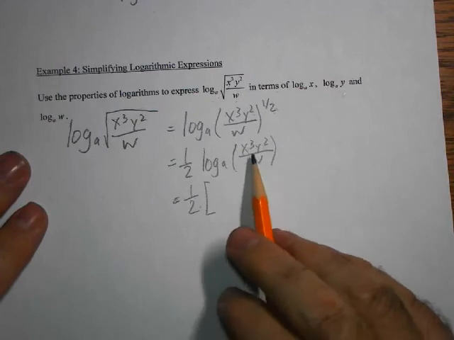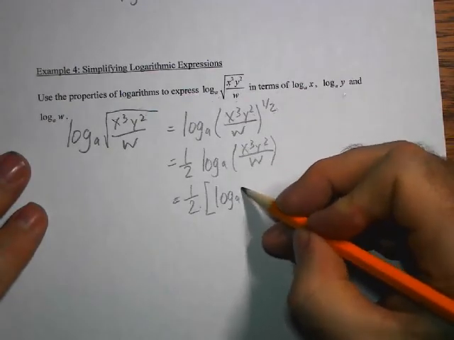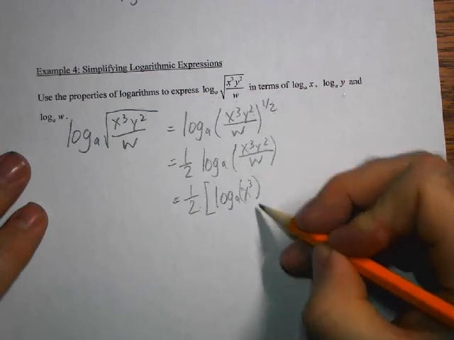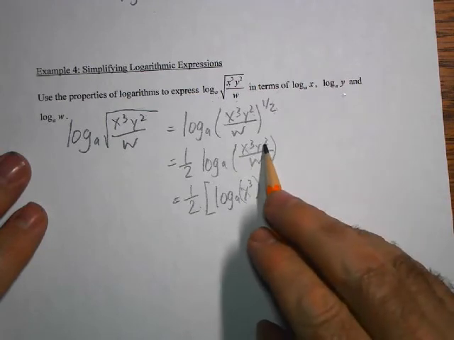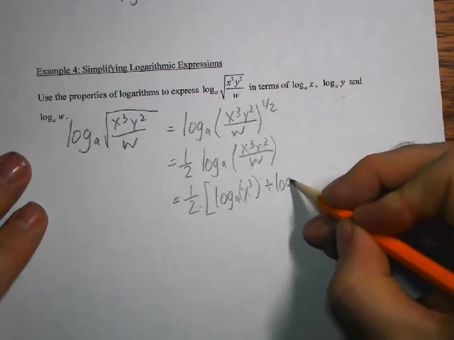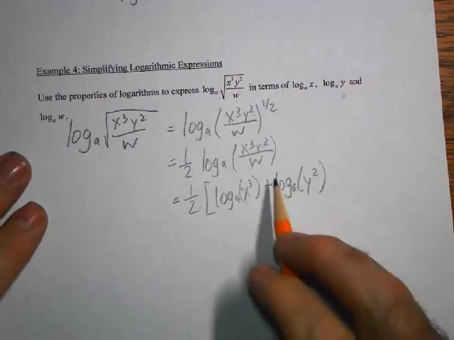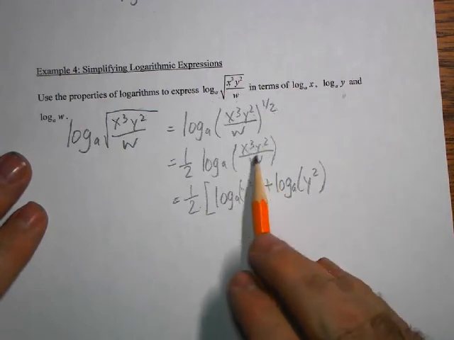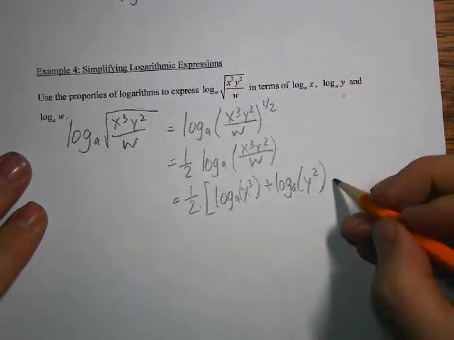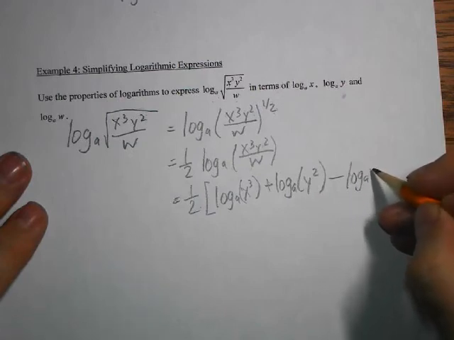So the first thing I see is log base a of x cubed. And then since it's multiplying with this, it's going to be adding log base a of y squared. So I've taken care of the top part. And then I'm dividing by that. So I'm going to subtract log base a of w.